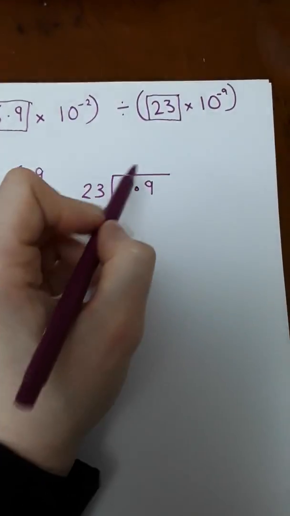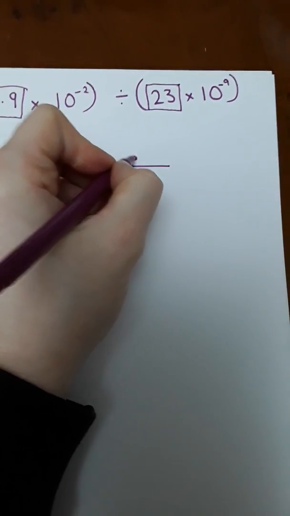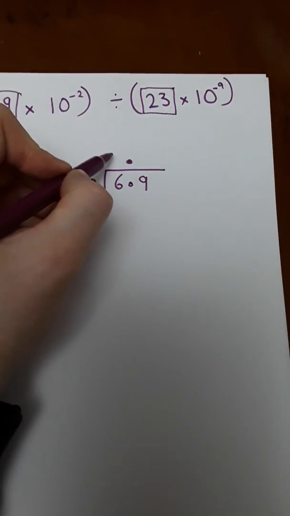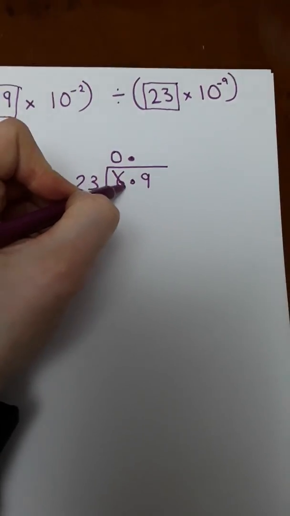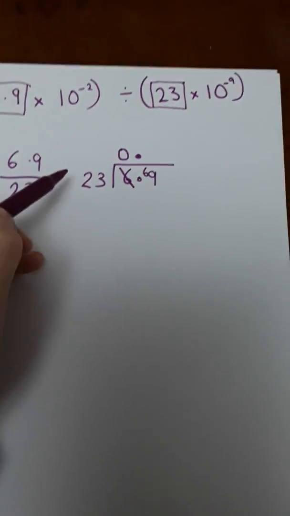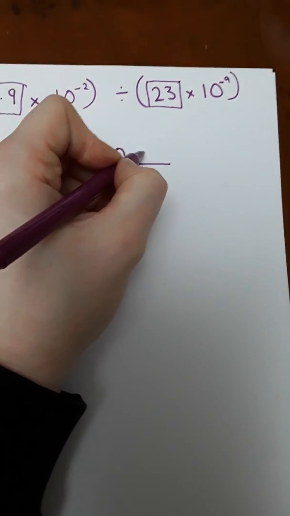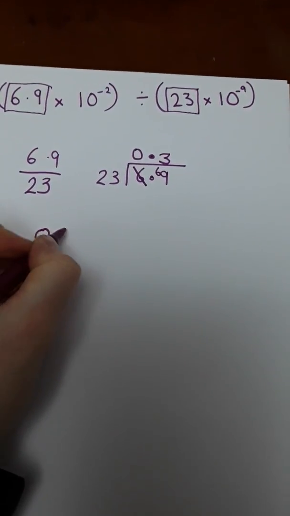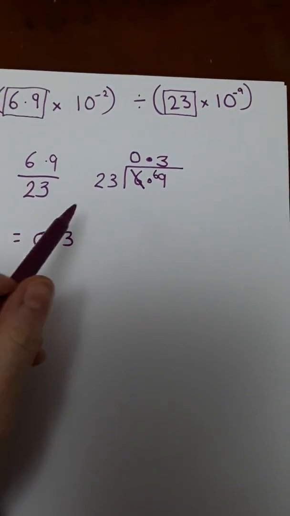Now make sure you put your decimal point in on both top and bottom so you don't forget it. So will 23 go into 6? No, it won't. So my 6 hasn't been dealt with, so I need to carry it forwards. How many 23s go into 69? Well, that's 3. So I've got 0.3 so far.